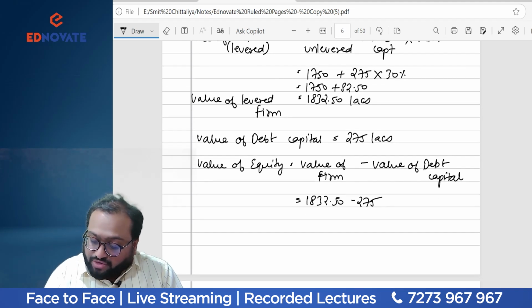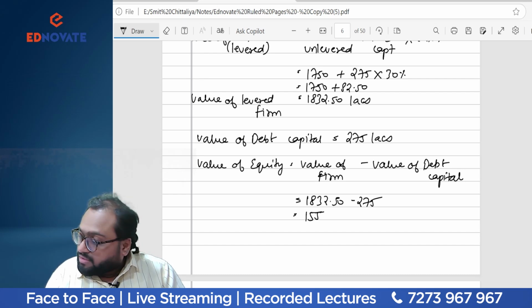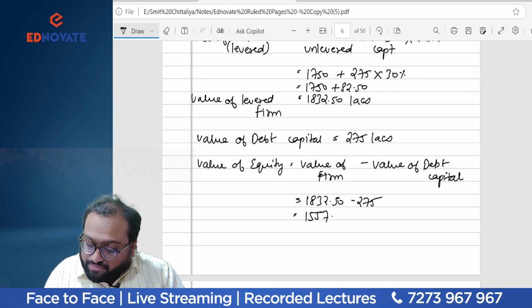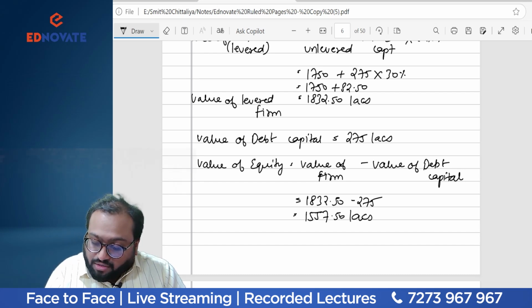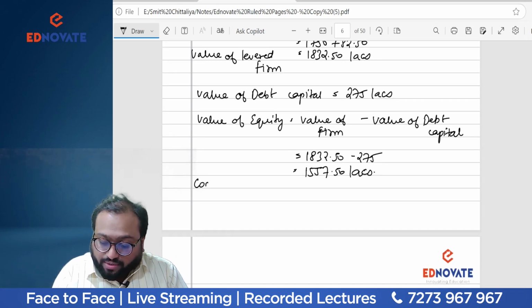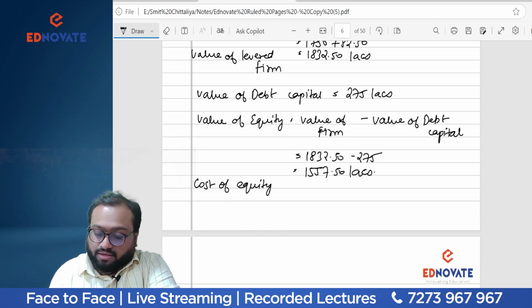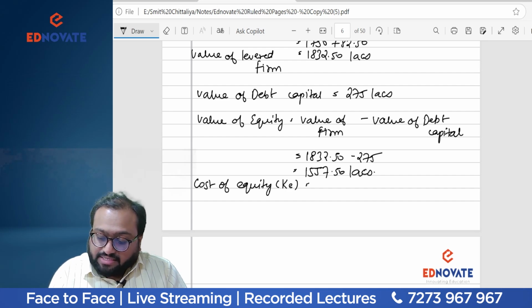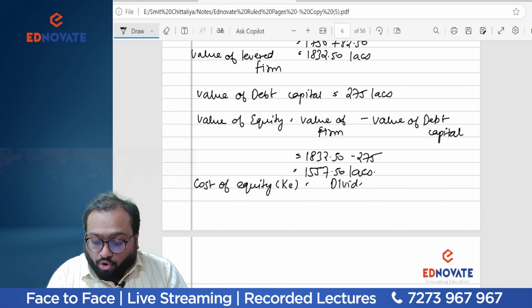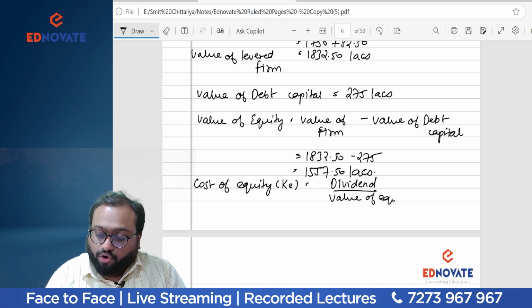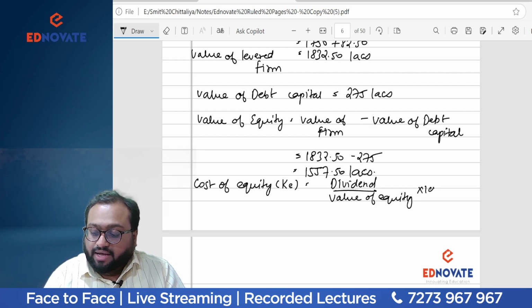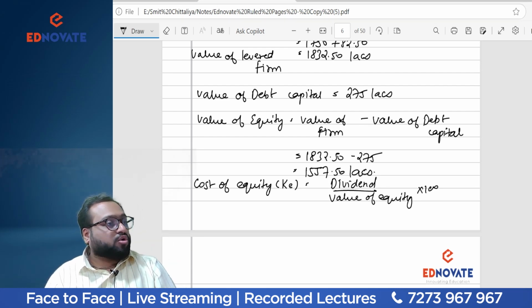So the value of equity will become 1557.50 lakhs. If I want to find out the cost of equity, that is Ke, I can say dividend upon value of equity into 100. This is a formula as we have learned in the class, and with the help of this we can find out the cost of equity.